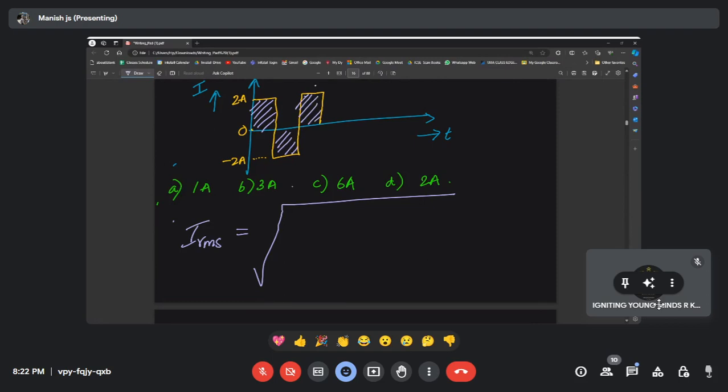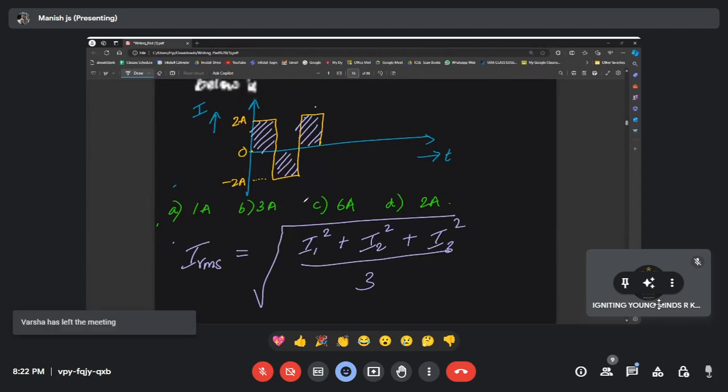So positive half, what is the value? Peak value. So we can say that is I1. I1 square, plus negative half, I will call it I2 square, plus next third positive half, let me call it I3 square, divided by 3. This is what is root mean squared value.